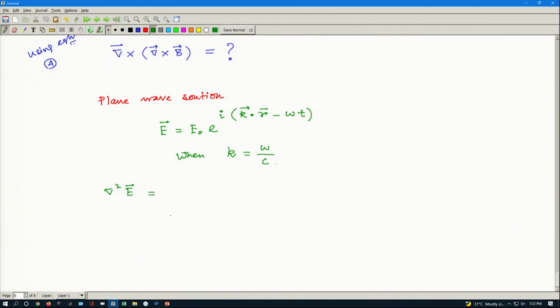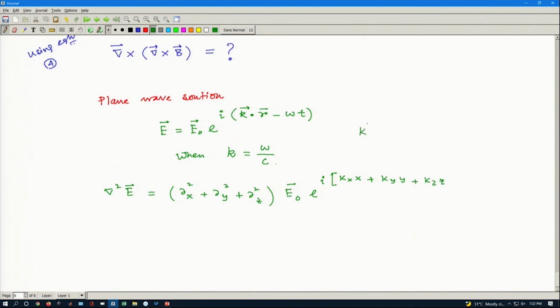In Cartesian coordinates, it is d2x plus d2y plus d2z, operated on E, and E is E0 vector, then exponential i, and here we have kxx plus kyy plus kzz. I just expand the k vector.